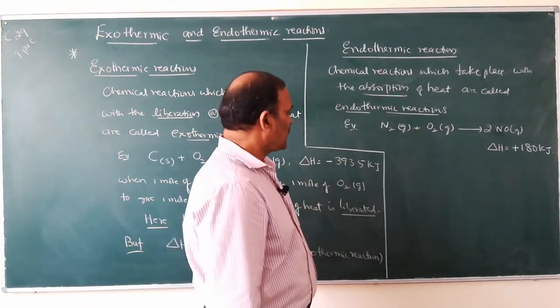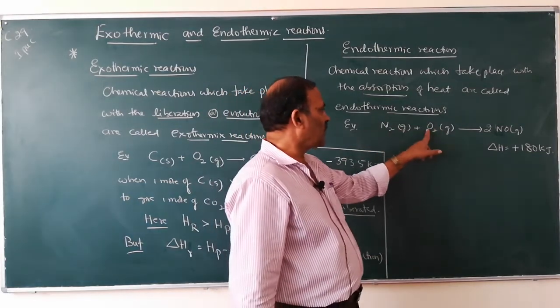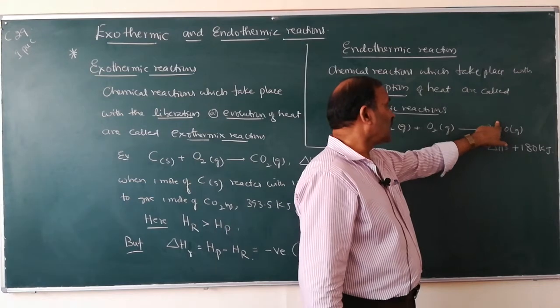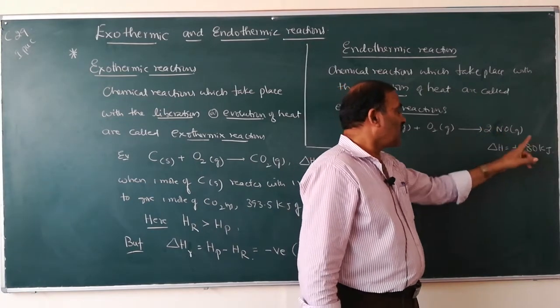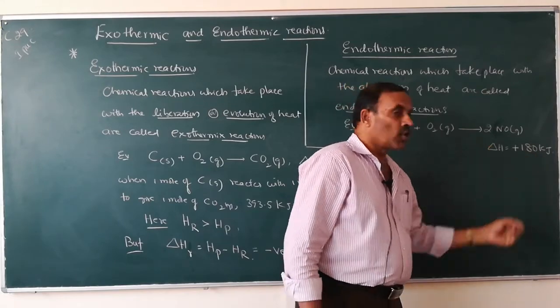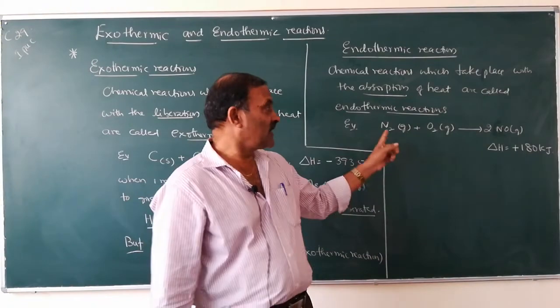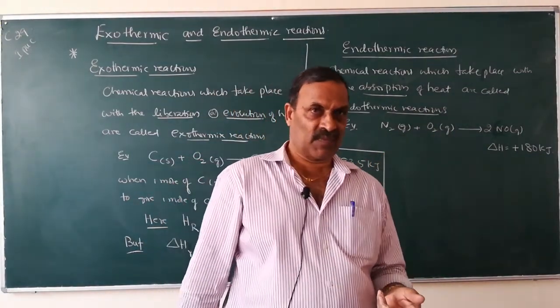So how to read this one? When 1 mole of gaseous nitrogen reacts with 1 mole of gaseous oxygen to give 2 moles of gaseous nitric oxide, 180 kilojoules of heat is absorbed. So for this reaction to take place, we have to supply heat.